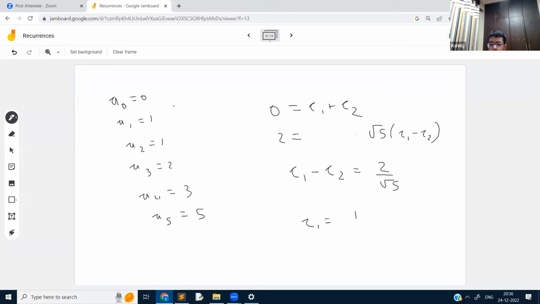C1 will come out to be 1 by root 5. We just add and subtract the two equations. And C2 will just come out to be its negative. So is this part clear to everyone? How I found C1 and C2 from the Fibonacci series?